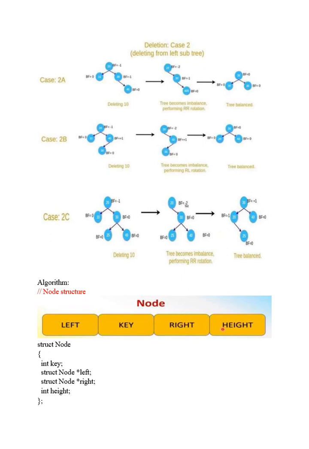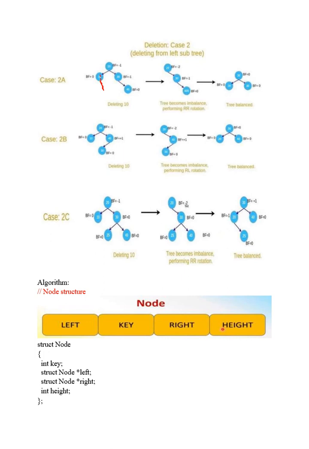So here is a given example for left subtree deletion. If I want to delete the element 10, then it becomes RR rotation. This RR rotation is nothing but we have to take one anti-clockwise shift. Next, if I am deleting 10, this is RL rotation.